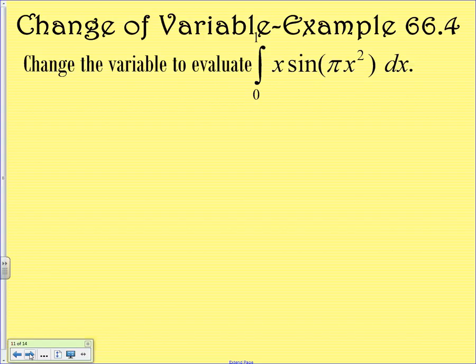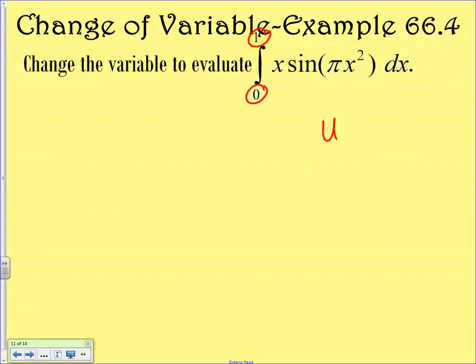So let's look here. We're going to change the variable to evaluate this. We're going to use a u substitution, just like we did on the previous problem. But on this one, we actually have limits here of 0 and 1 for our integration, and we're going to end up having to change those.